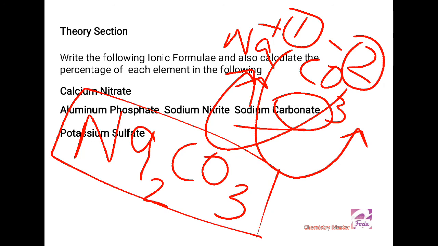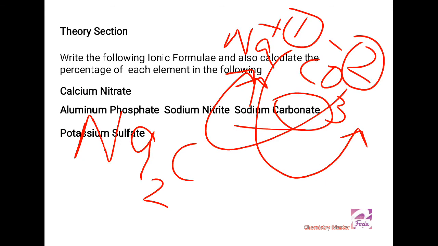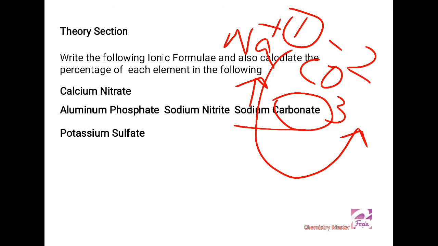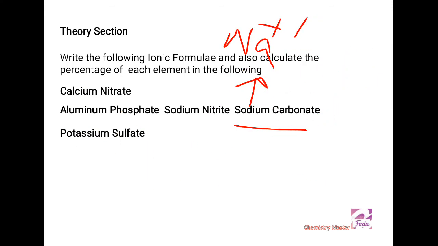The next step is to find the percentage of each element. You know the percentages of all elements making up any chemical compound should sum to 100. Meaning the percentage of sodium, carbon and oxygen should add up to give us 100. So how can we work it out? You see how many grams of that element are present in that compound.